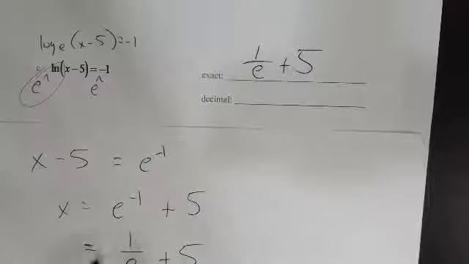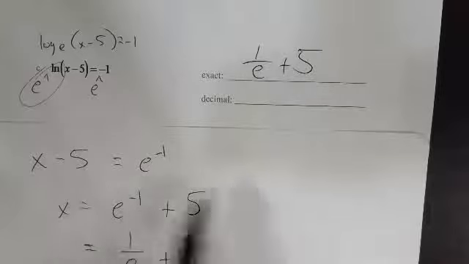But if we go and type this into our calculator, we're probably going to type e to the negative 1 power. And a lot of calculators differentiate between negative signs and subtraction signs. But e to the negative 1 is going to give me somewhere around 0.368. And I'm going to add 5 to it, and so I'm going to get somewhere around 5.368.